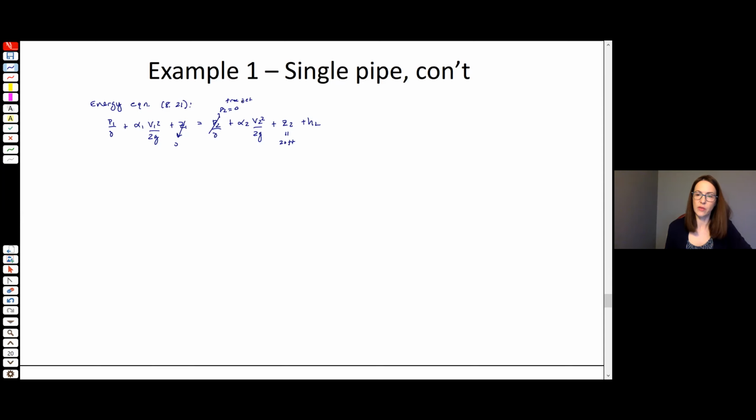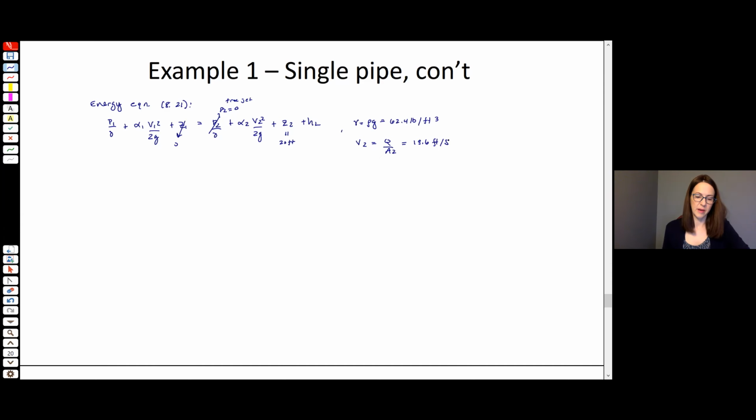And we can write down the value for gamma. It's just rho g, and it's 62.4 pounds per cubic feet. Also, V2 is going to be Q over A2, which is going to be 19.6 feet per second.